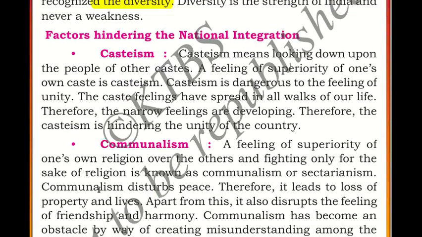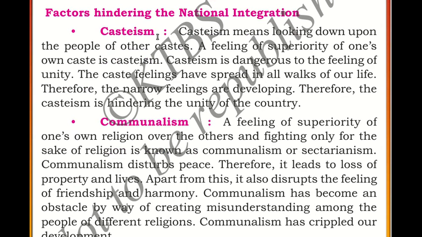Now let us look into some factors that are hindering national integration. These factors are responsible for creating differences among the people and drawing lines between different groups of people. The first is casteism. Casteism means looking down upon people of other castes. A feeling of superiority of one's own caste is called casteism.